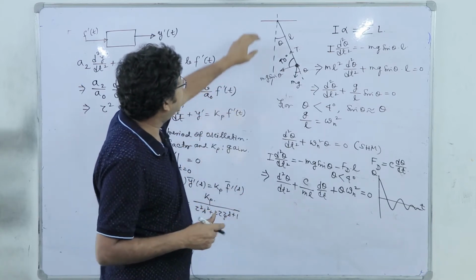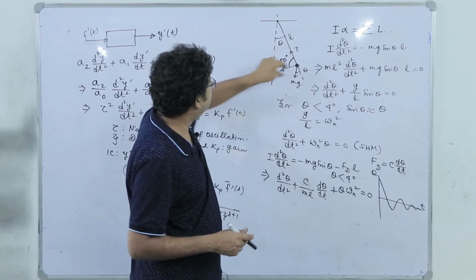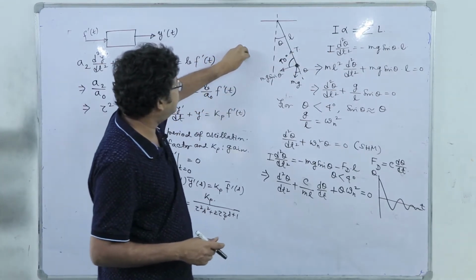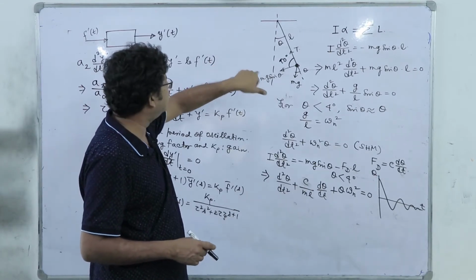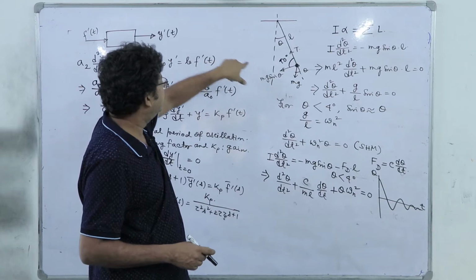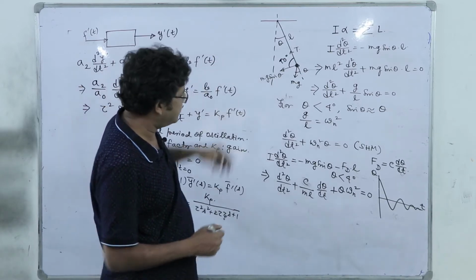But if I am releasing from here and I want the bob to stay here, then the force will be a constant force, but after some oscillation it will attain the static equilibrium somewhere here.